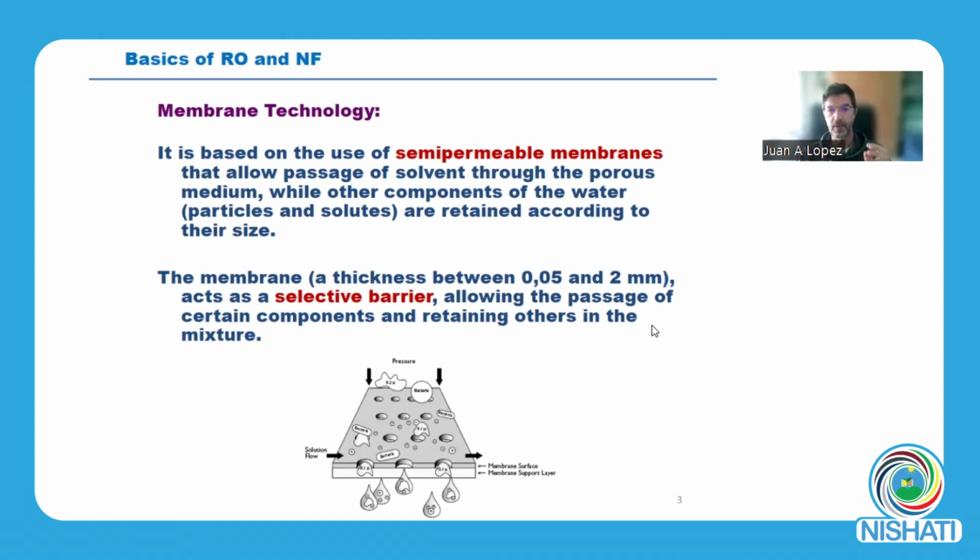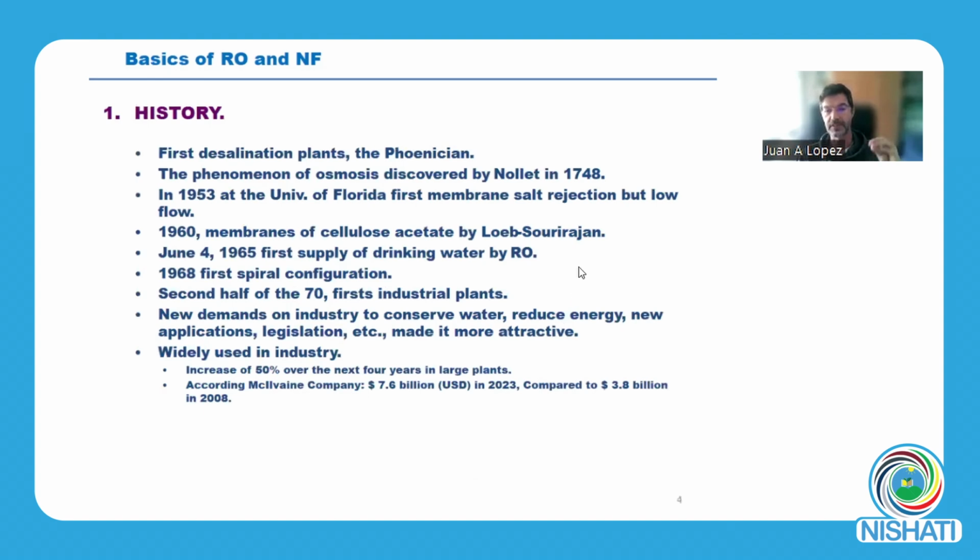The water can pass through the membrane, but other components of the water, I mean particles, solutes, salts, ions, organic molecules, and microorganisms, are retained according to their size. The membrane usually has a thickness between 0.05 millimeters and 2 millimeters, depending on its nature, and it acts like a selective barrier. So it allows the passage of certain components and retains others.